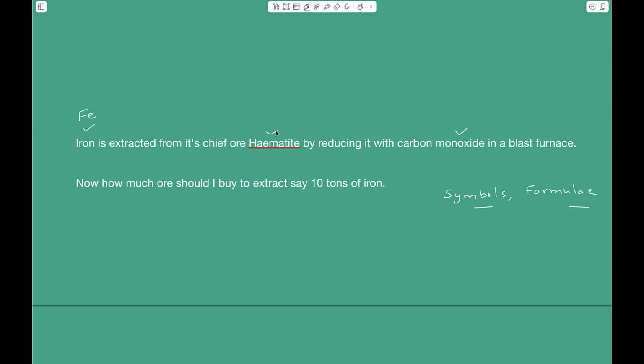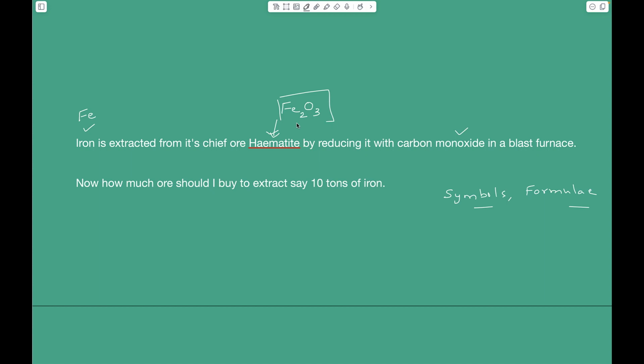And someone experimentally found that hematite is an ionic compound of iron and oxygen. The symbol for oxygen is O. And it was also experimentally found that in each unit of hematite, there are 2 iron atoms and 3 oxygen atoms. And that information is shown as subscripts to the symbols.